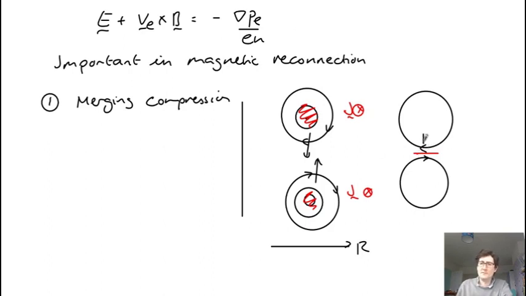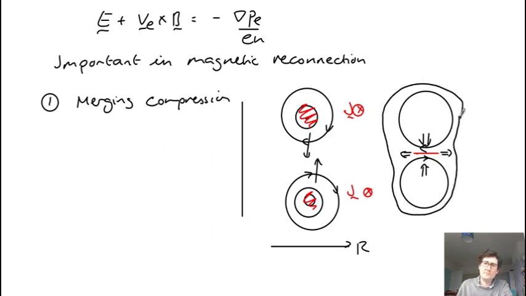And what's happening here is that flux is moving into this region from top and bottom and being ejected out the sides here, and so you form flux surfaces around the whole thing.